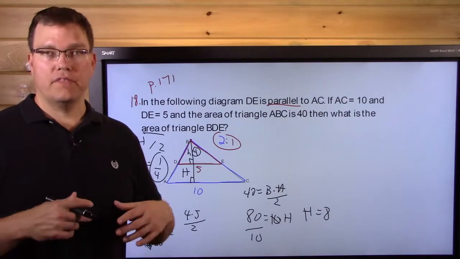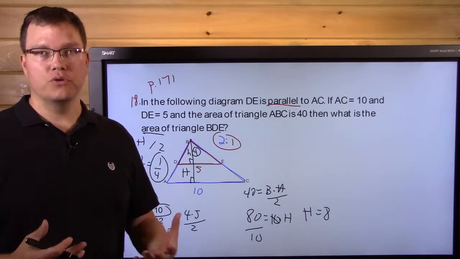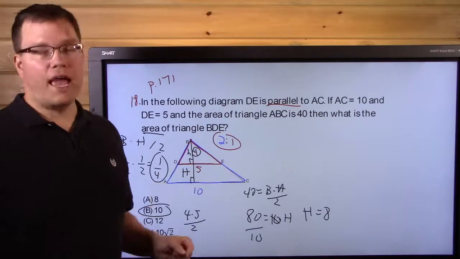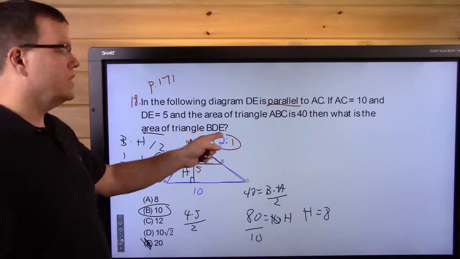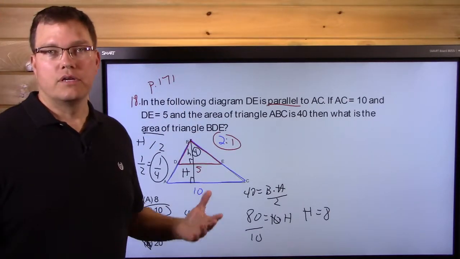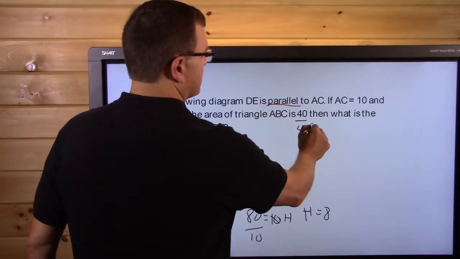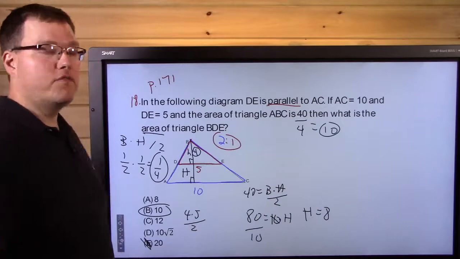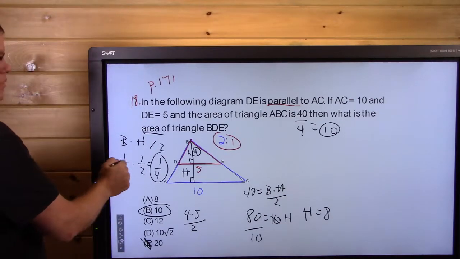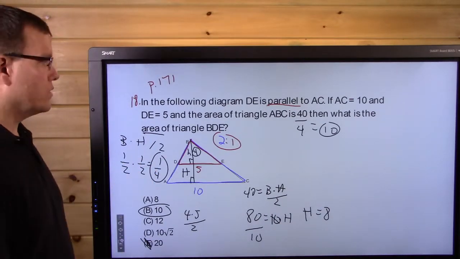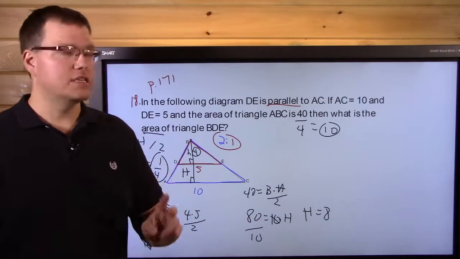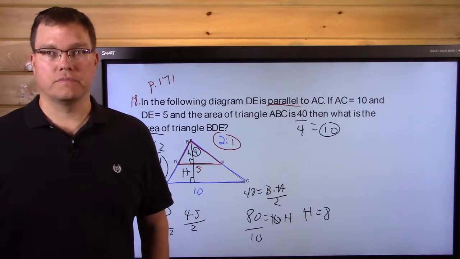Aha! So what we could have done instead of all of this, we could have said if the relationship of the height and the base and so forth is 2 to 1, then the area is in 2 dimensions. So what is 2 to 1 squared? 2 squared is 4, 1 squared is 1. So this would be 40 divided by 4, because the relationship is going to be 1/2 times 1/2, which is 1/4. In 2 dimensions, you square that ratio.